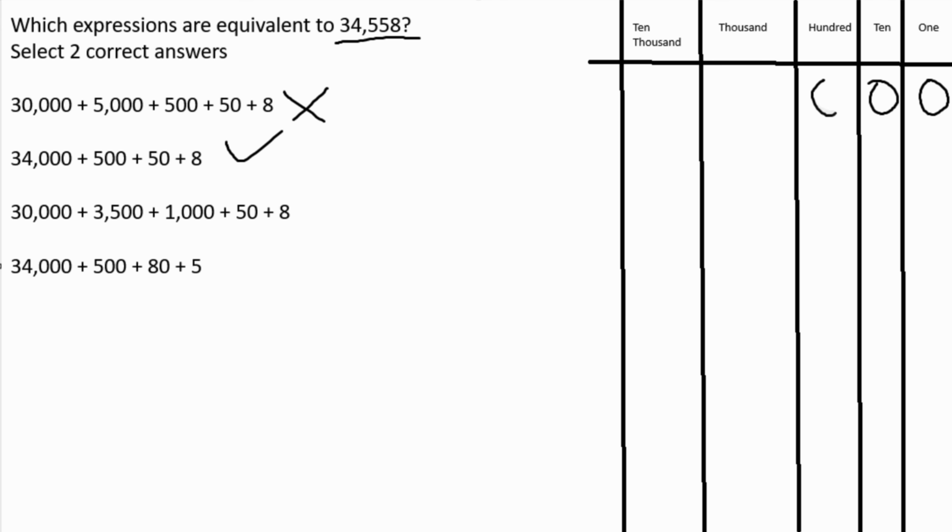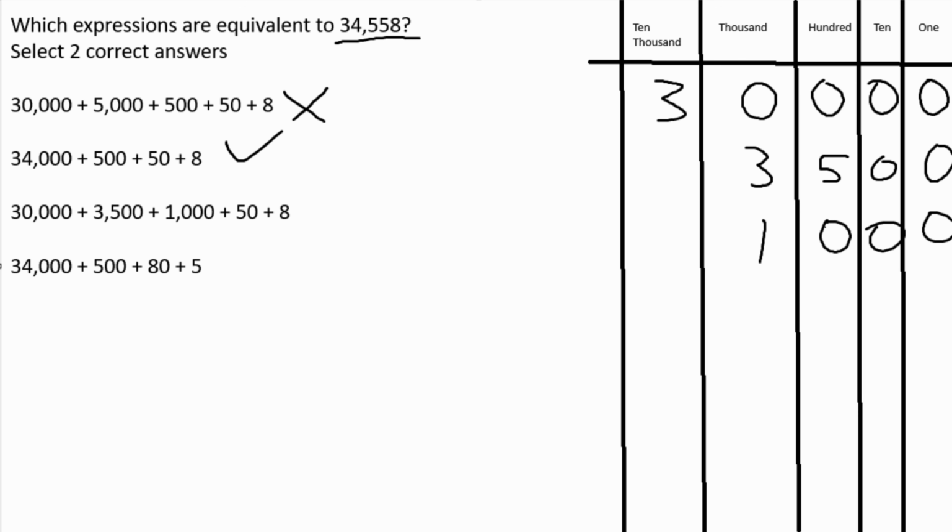So we have a 30,000. All right. We have 3,500. 3 in the thousands place, we have 1,000. We have 50, and then we have 8. All right, let me redraw that.